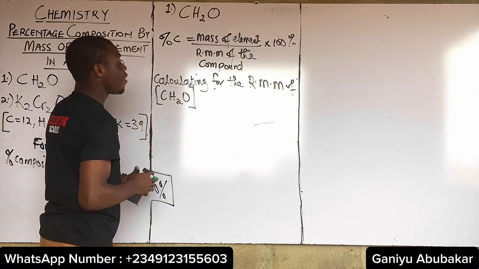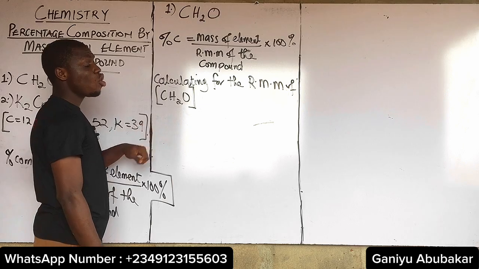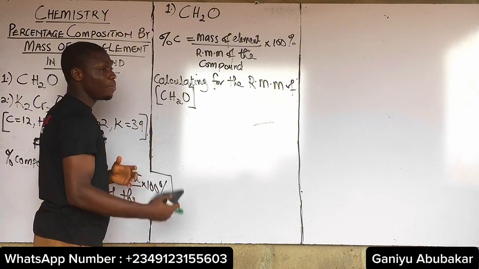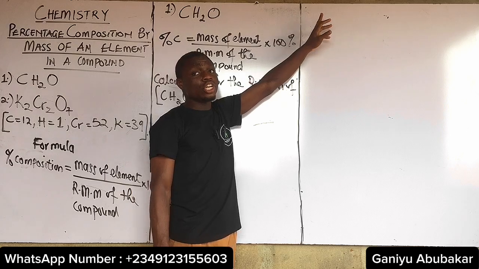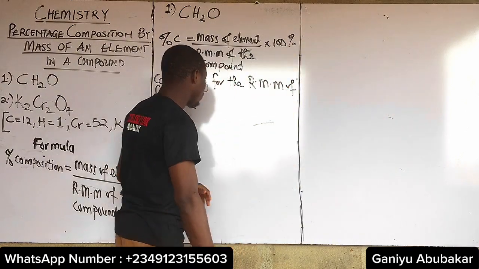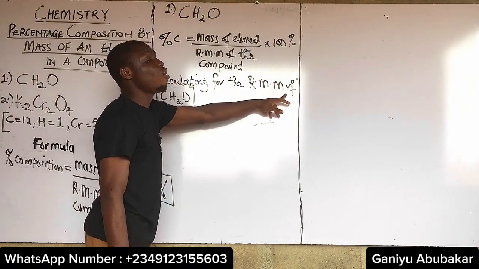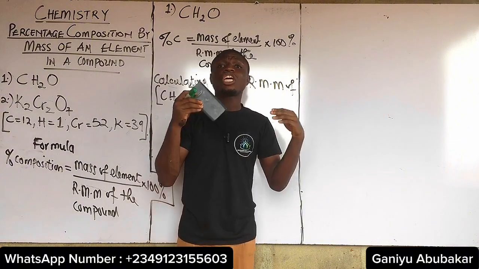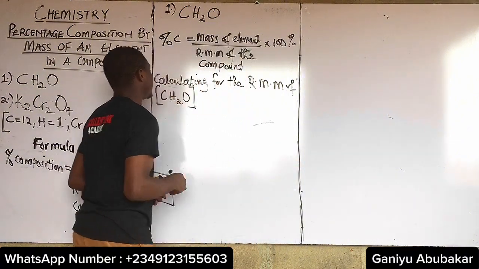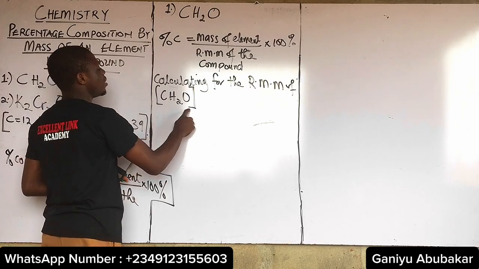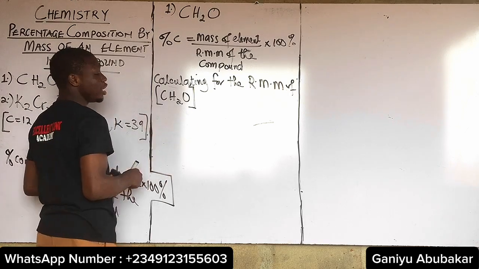I have done a video on how to calculate the relative molecular mass of a compound. You can click on the link you see up here, and it will take you to our class on how to calculate relative molecular mass of a compound. Or you can check the description of this video, where you'll see a link. So at this point, let's get the relative molecular mass for CH2O.